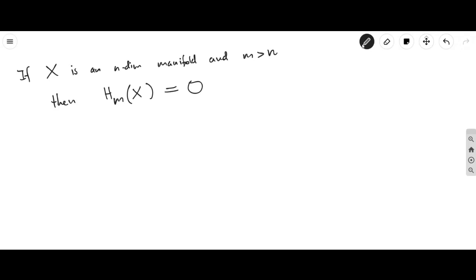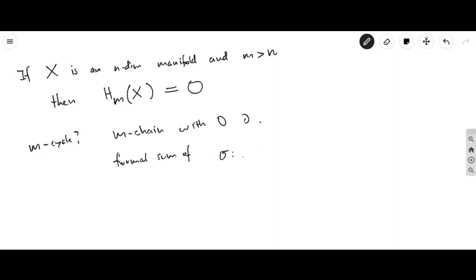However, that's not a proof. If you think about it, what exactly is an m-cycle? Well, it is an m-chain with no boundary, with 0 boundary. But what is an m-chain? Well, an m-chain would be a formal sum of maps.